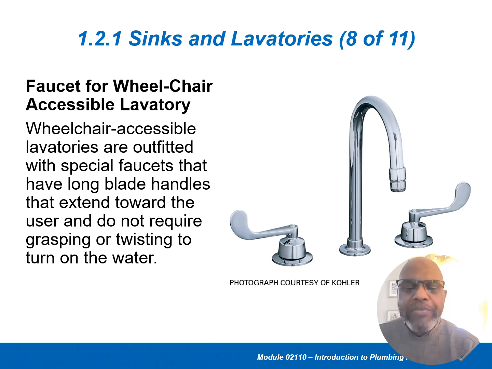It gives more leverage to actually turn it on. If let's say their hands or arms are weak, it takes a lot less effort when it's a long handle like that. The leverage on it will allow them to turn it on and off just by using the palms of their hands or being able to push it.